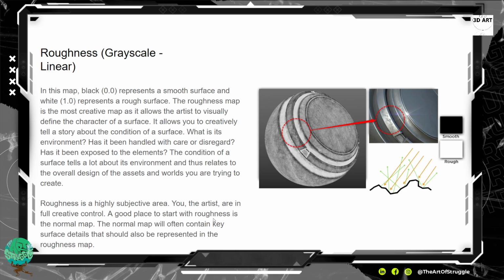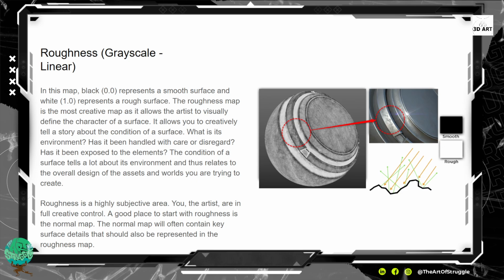In this map, black, which is about 0, represents a smooth surface, and white, 1, represents a rough surface. What you'll also notice is that a lot of these maps deal with 0 to 1 values, right?